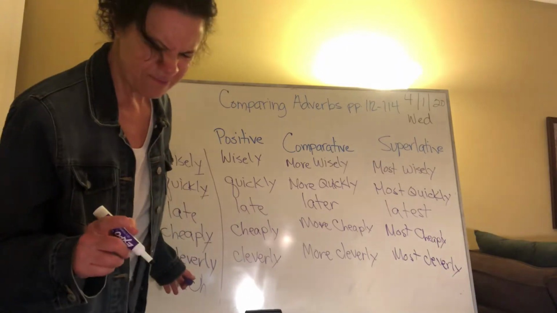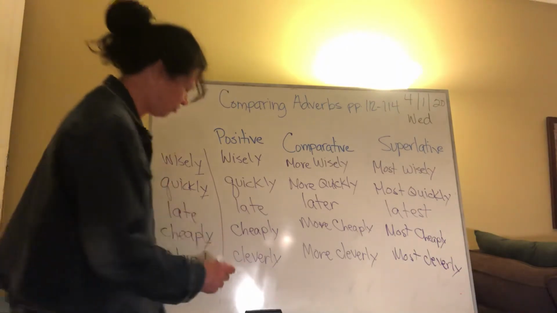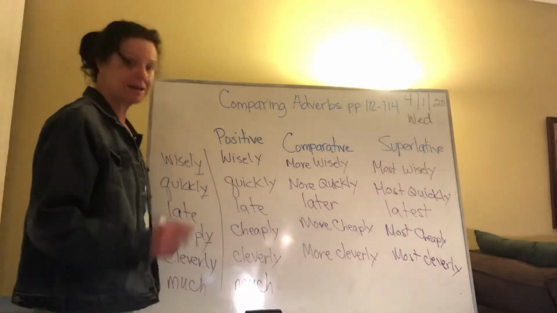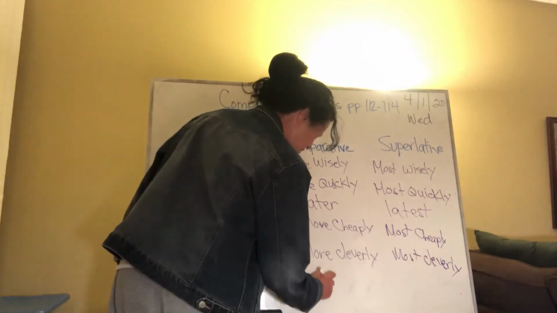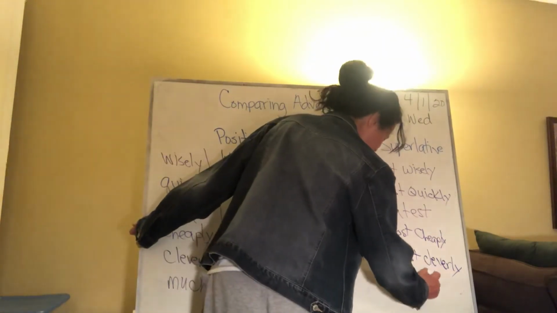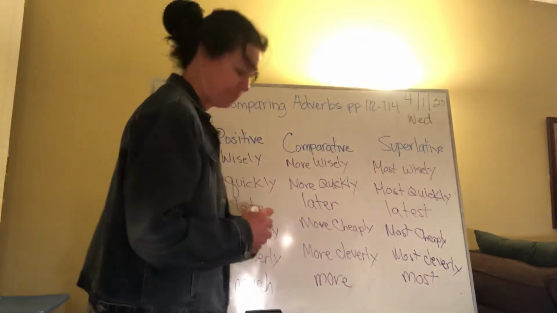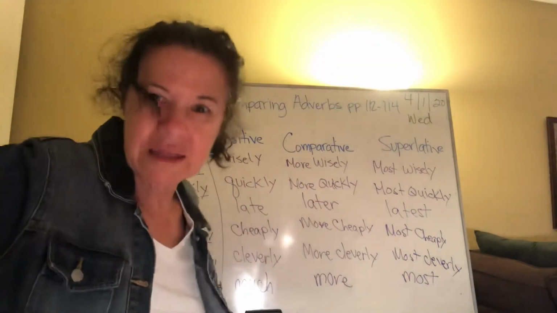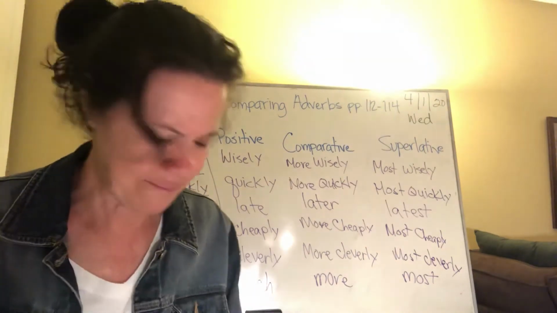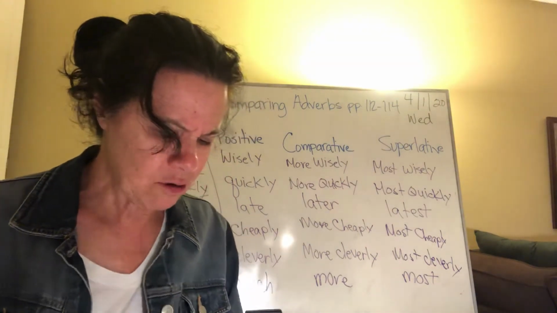What's the word? Okay, much. And then our comparative would be more. Good. And our superlative would be most. Okay? All right, so I guess I didn't need to write in capital letters. It looks like you can see that okay. That's good. All right, so let's go on.